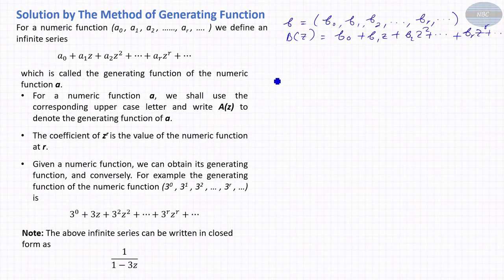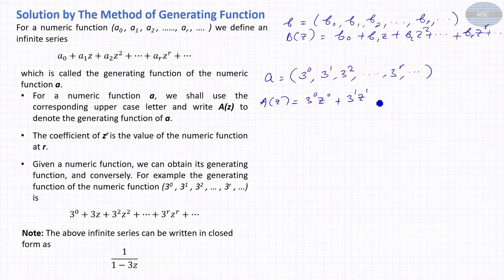Let's suppose the numeric function a is equal to 3 to the power 0, 3 to the power 1, 3 square and so on, 3 to the power r. The corresponding generating function is A(z), which is 3 to the power 0 z to the power 0 plus 3 to the power 1 z to the power 1 plus 3 square z square plus 3 to the power r z to the power r and so on.